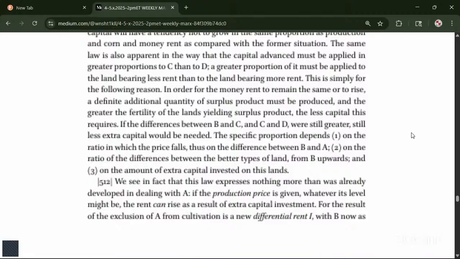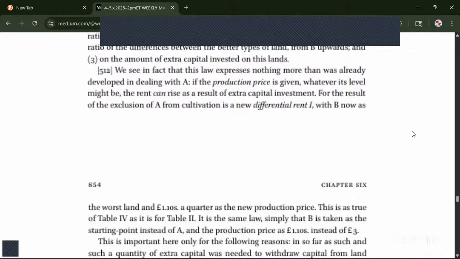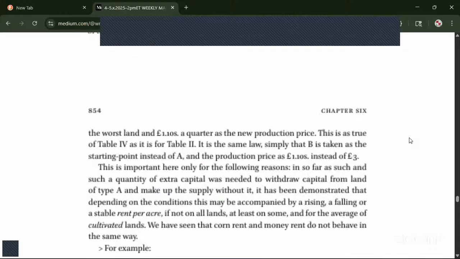For the result of the exclusion of A from cultivation is a new differential rent 1, with B now as the worst land and 1 pound 10 shillings a quarter as the new production price. This is as true of Table 4 as it is for Table 2. It is the same law, simply that B is taken as the starting point instead of A, and the production price as 1 pound 10 shillings instead of 3 pounds.